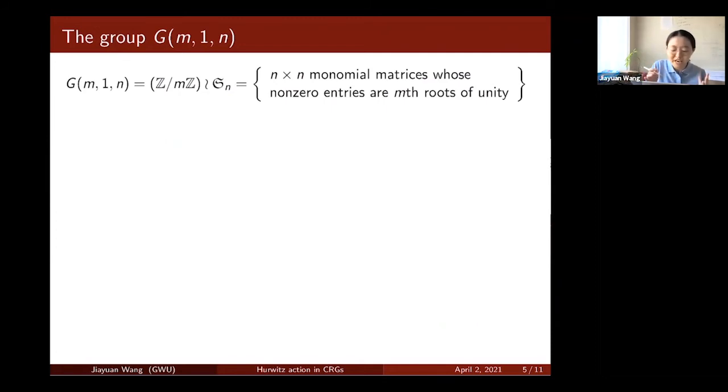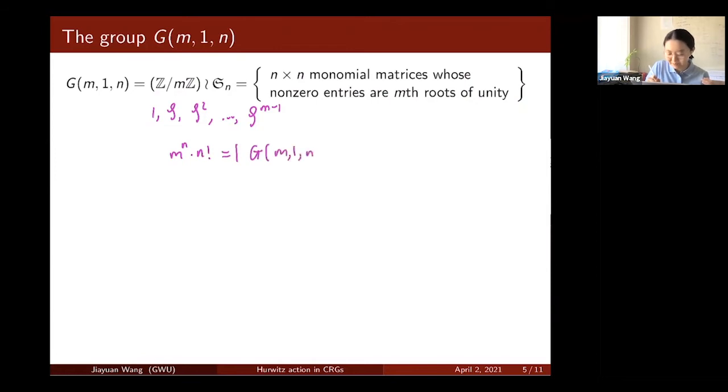But now in G(m,1,n), instead of having 1, we can have 1, zeta, zeta squared, all the way to zeta^(m-1), and these are exactly the m different mth roots of unity. So for each non-zero entry, there are m choices. Because there are n non-zero entries in the permutation, we have m to the n, and there are in total n factorial different permutations. Multiply that by n factorial, and that is the size of this group.